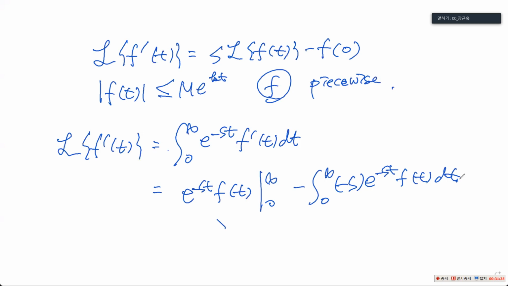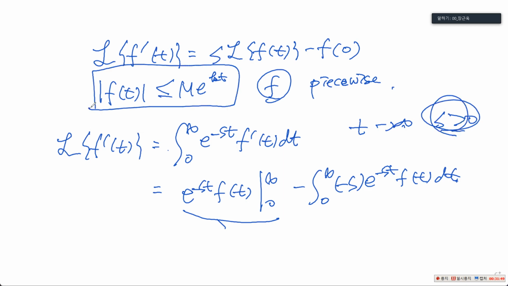Okay, we assume that when t goes to infinity, s is positive, which means the real part of s is bigger than k.